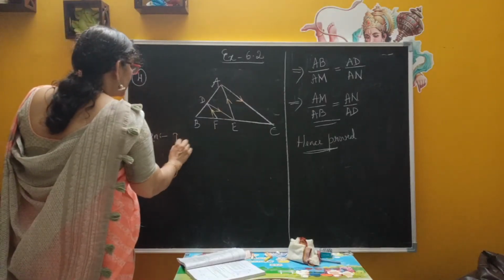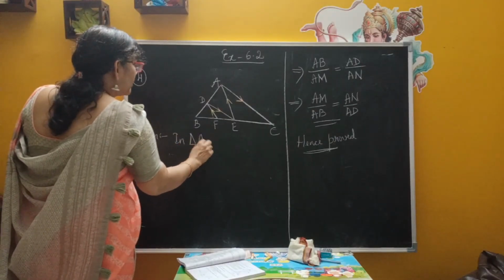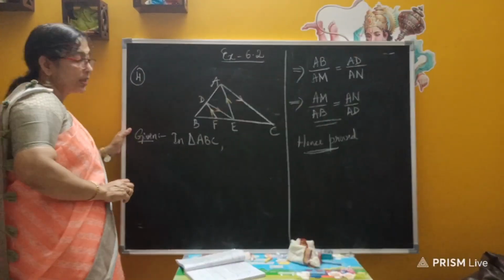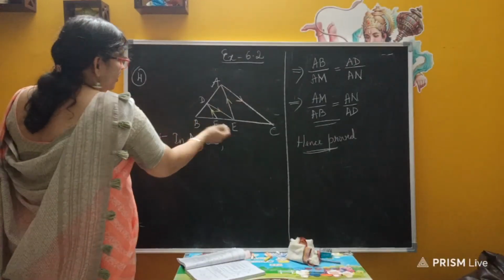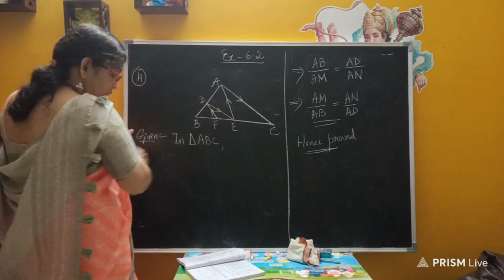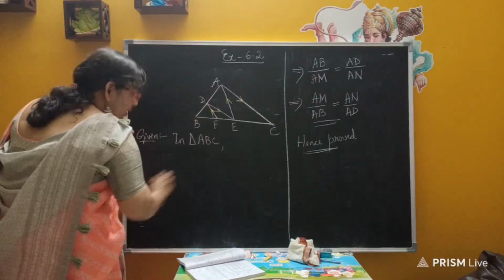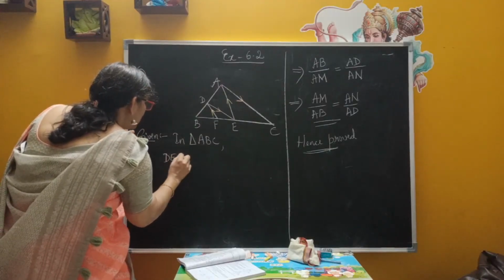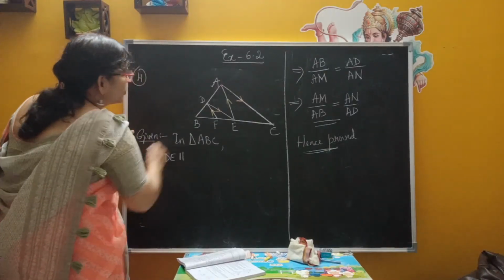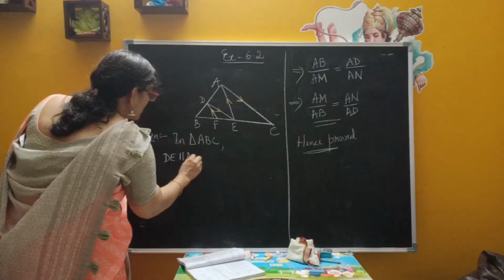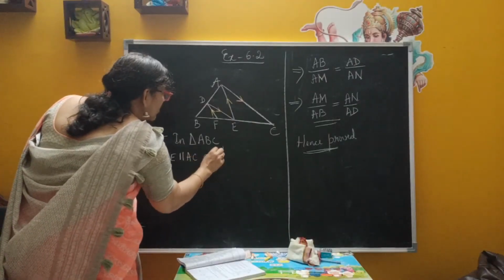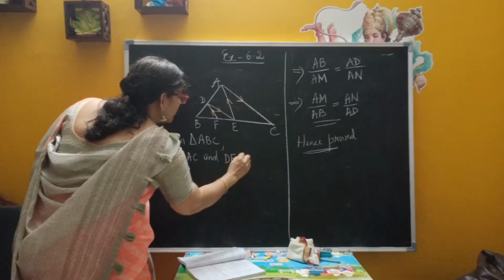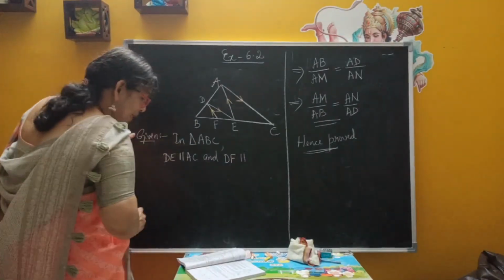In triangle ABC, or you can just write in the given figure, that is also fine. What is given? DF parallel to AC and DE parallel to AC, and DF parallel to AE.